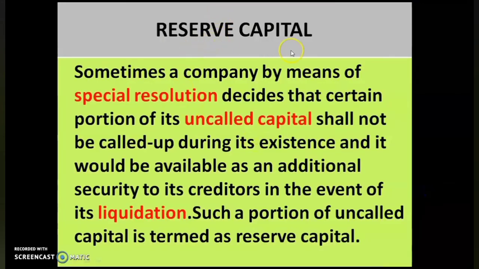Next is the reserve capital. Children, sometimes a company by means of special resolution decides that a certain portion of their uncalled capital, uncalled capital means that part of the installment which is not yet called by the company, will be called at the time of liquidation. So such a part of uncalled capital is termed as reserve capital.